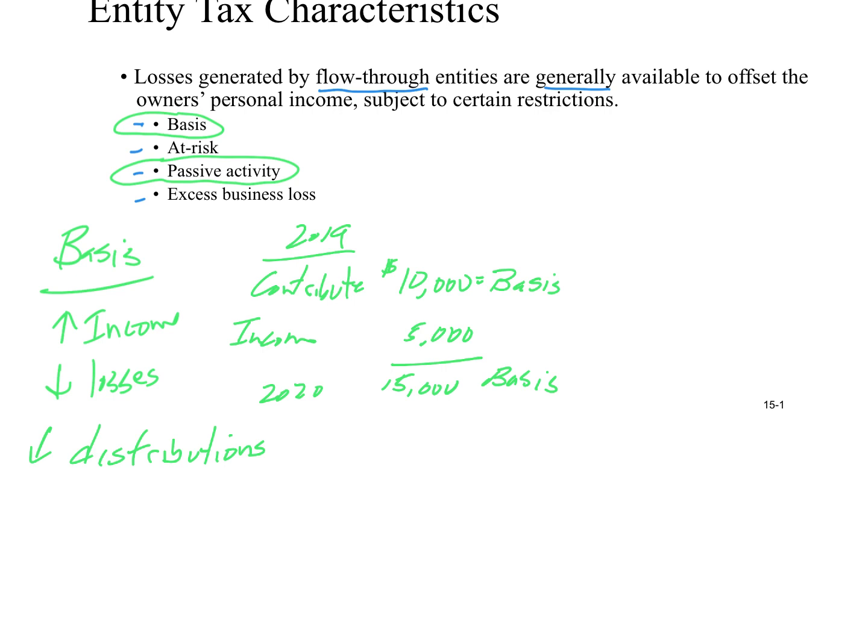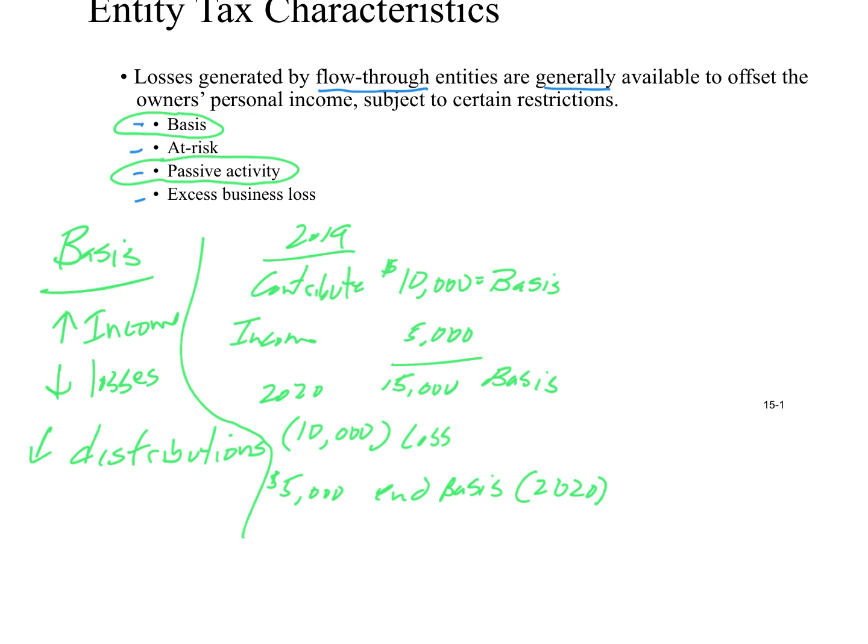All right. Now, if you were to have a $10,000 loss in 2020, then your basis at the end of 2020, and I should have done this a little bit neater, so I apologize for that, would be $5,000, okay? I'm going to switch colors here.